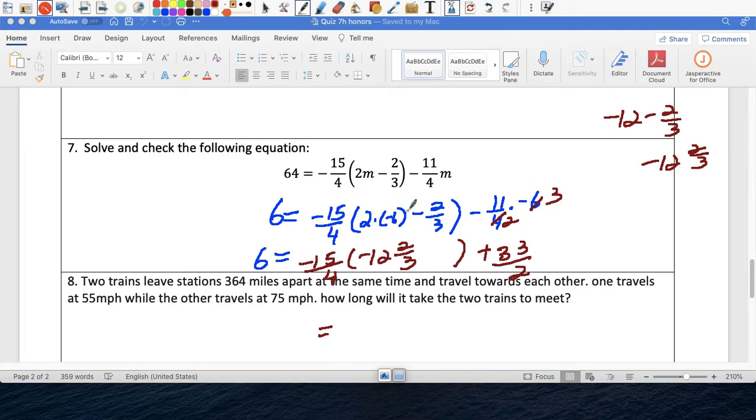So that's negative 6 minus 12 and 2/3 and negative 6. Okay, one second. What did I do wrong? Well, let's just see. Yeah, something's not right.